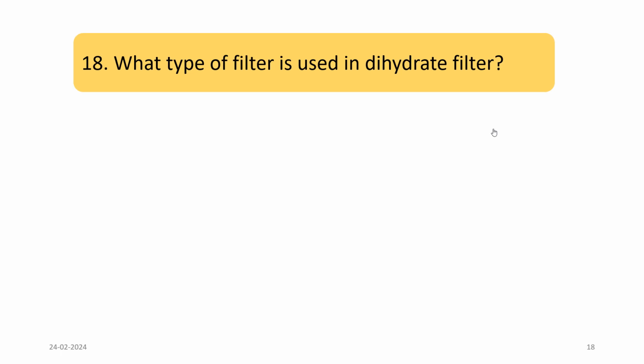So this is true. Next, what type of filter is used in the dihydrate process, in the dihydrate filter, while producing phosphoric acid?